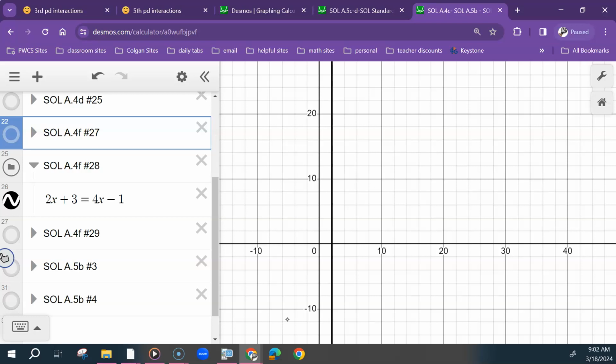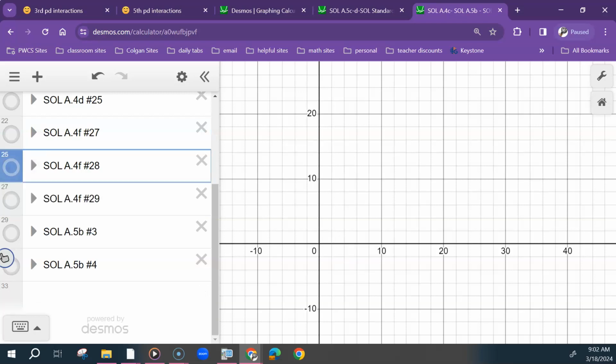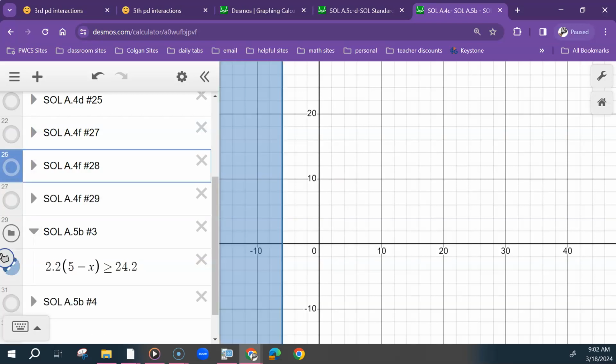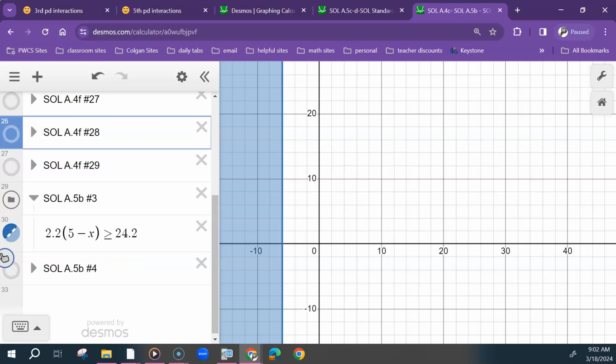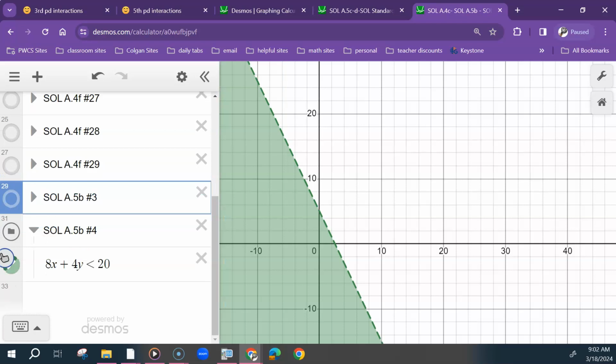The solution, the equations, you can put that all in at the same time to figure out that answer. Look at the x-axis, and that'll tell you what that answer is. And your inequalities, you can put in there, and it will graph it for you. Make sure it's x, not y. And then your linear inequalities, you can graph.